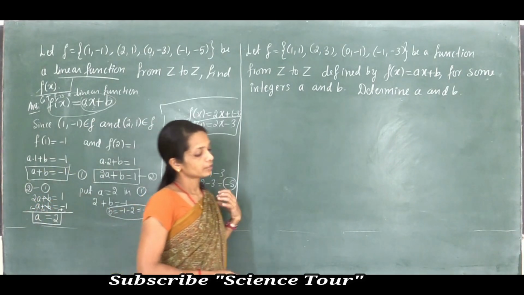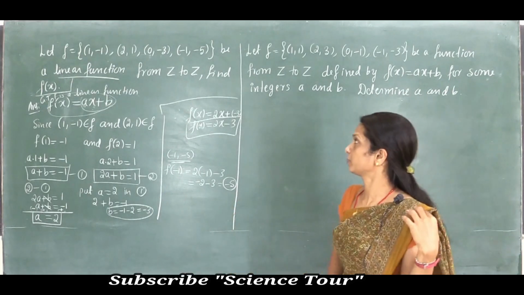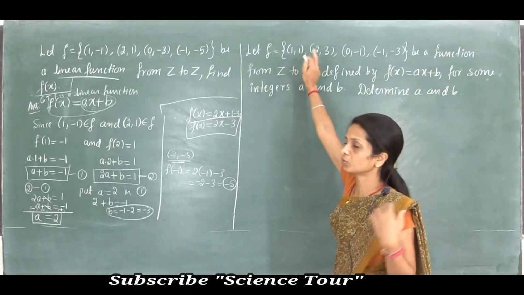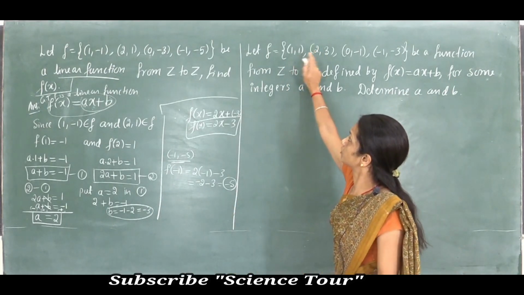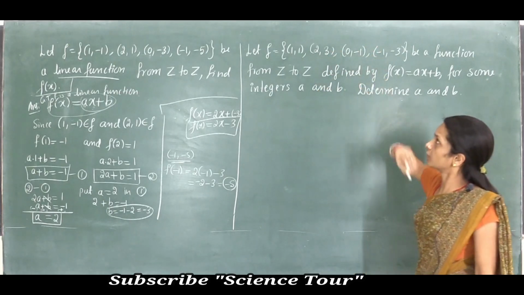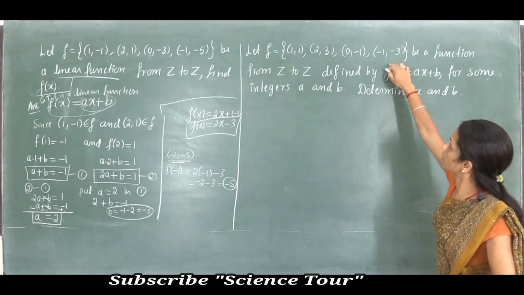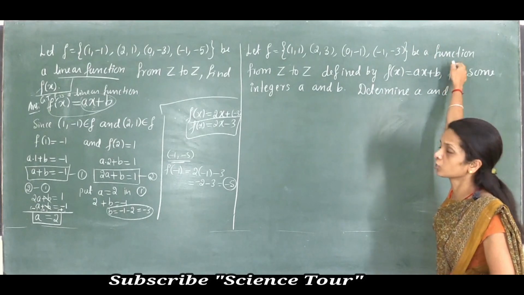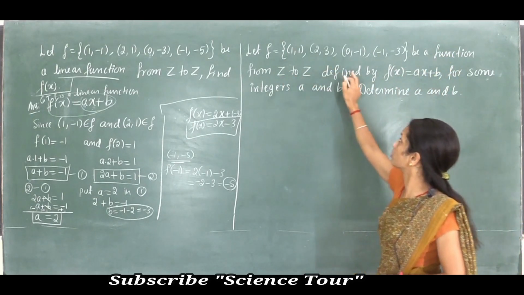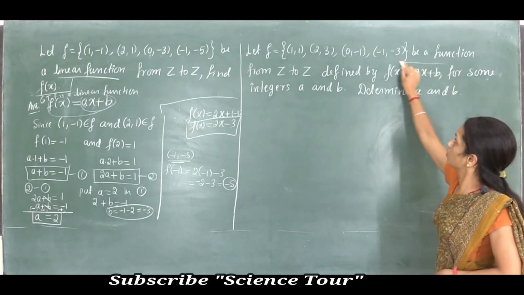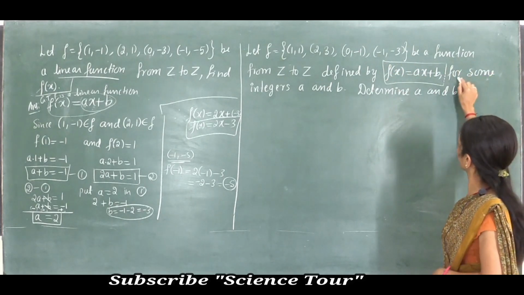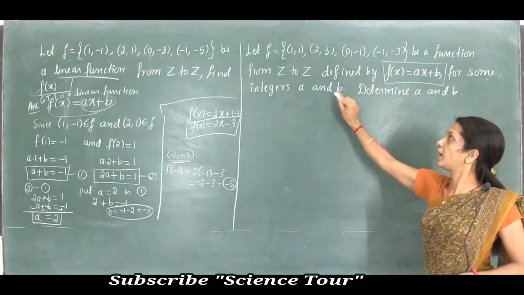Okay, and the next problem is, let f be the set containing ordered pairs (1, 1), (2, 3), (0, minus 1), (minus 1, minus 3), a function from z to z defined by f of x equal to ax plus b for some integers a and b.